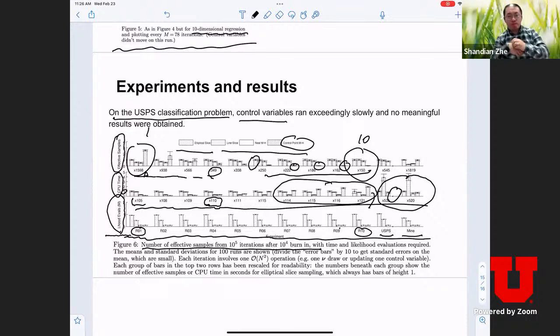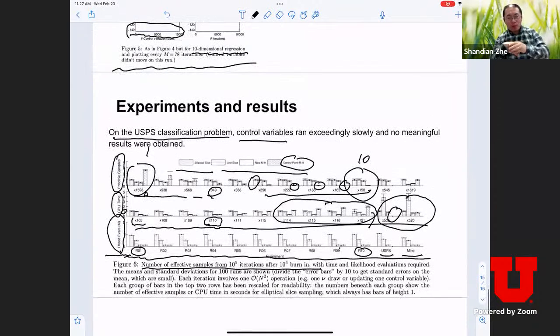Yeah, previously I put a strong hope on this algorithm. Hopefully it can address our problem, but right now I'm not sure. And they also didn't compare with the Hamiltonian Monte Carlo sampling, right?